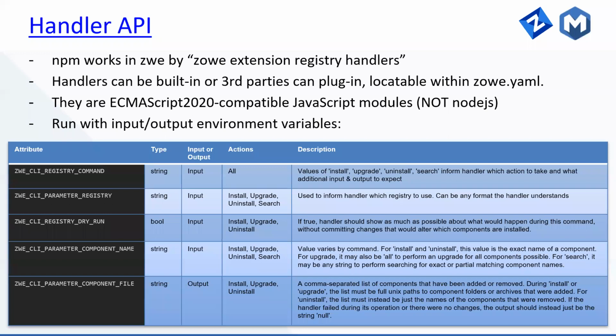So really quickly here, if you want to add a different registry other than NPM, if you think this is a cool feature, but NPM isn't what you use, it's not very hard to add a different handler.